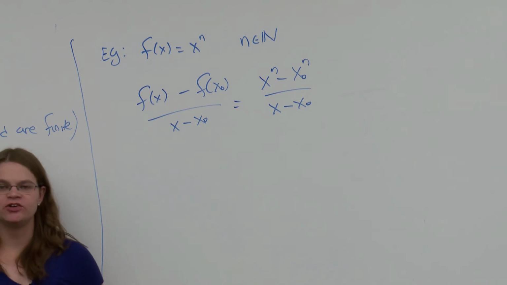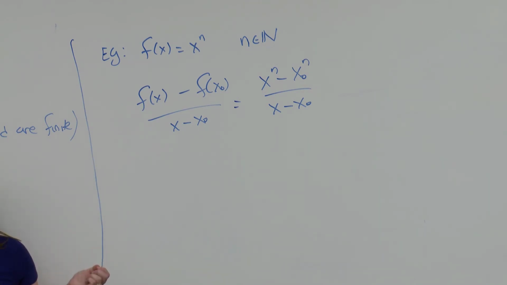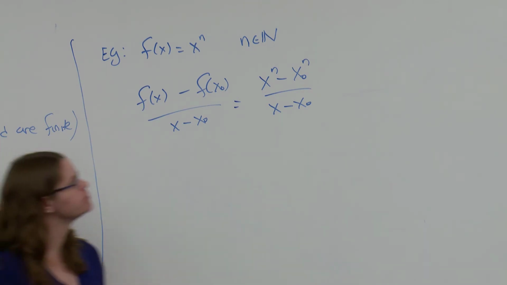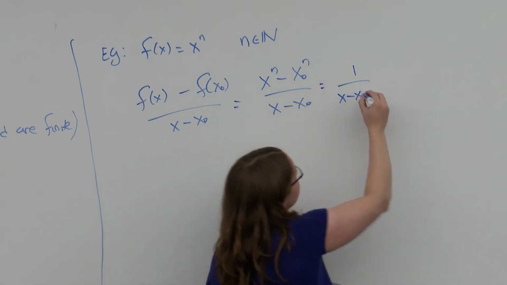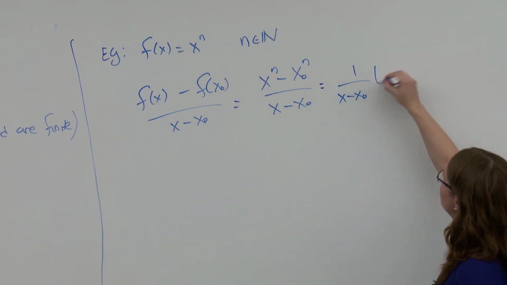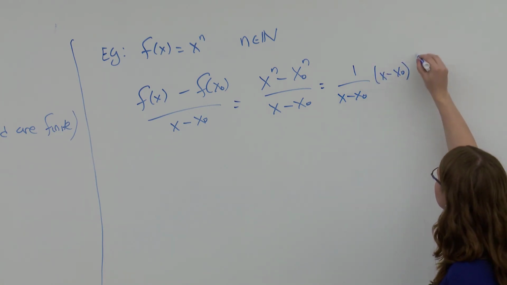And a little bit of factoring is going to be in order here. So I'm going to keep this denominator out here, and I'm going to try to factor an x minus x naught out of the numerator.